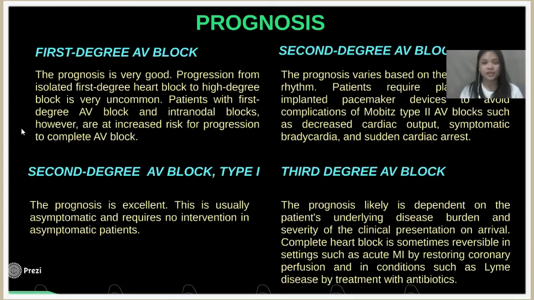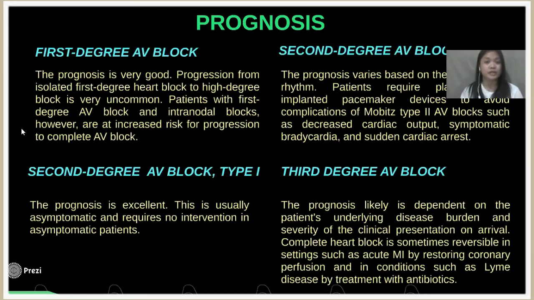On the second-degree AV block type 2, the prognosis varies based on the cause of the rhythm. Patients require placement of an implanted pacemaker device to avoid complications of Mobitz type 2 AV block, such as decreased cardiac output, symptomatic bradycardia, and sudden cardiac arrest.